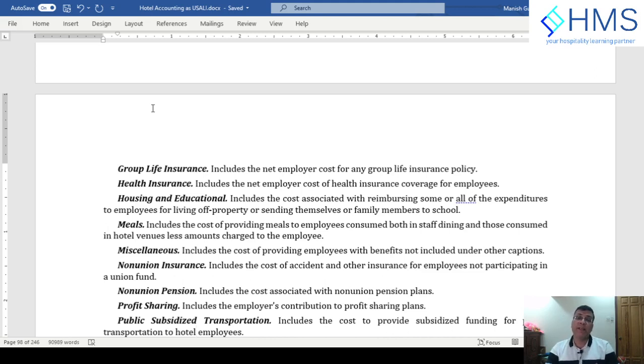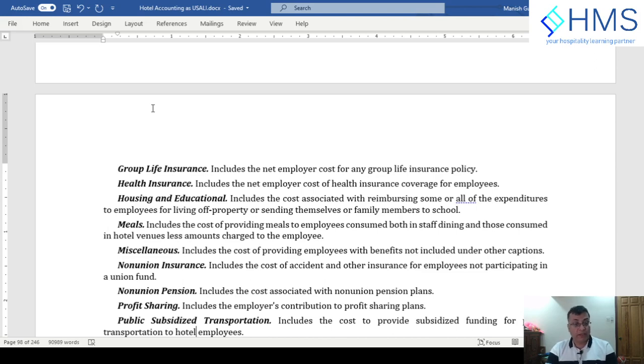If the company provides housing facilities in their compound, or a school in their compound, the cost of that school or housing will go into this line item. Then you have meals provided to the employees, maybe in the canteen or even in the restaurants. They will be charged here, but if any amount is recovered from the employees, it will be netted off and will not go as revenue.